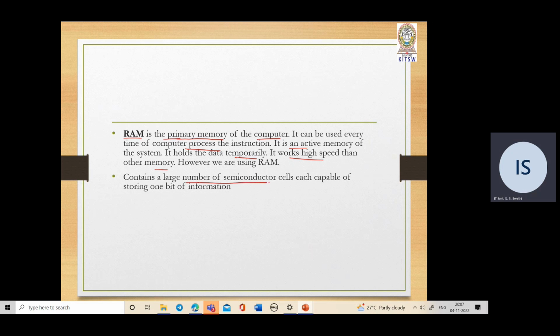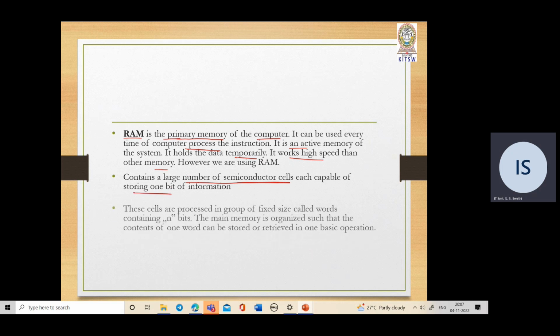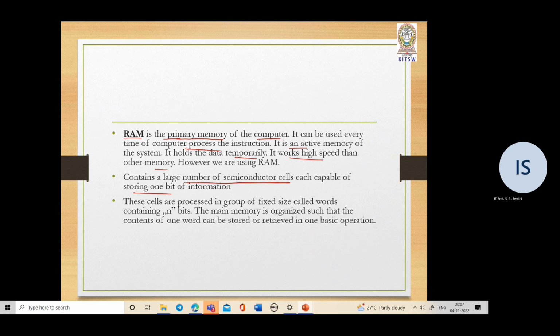And RAM consists of a large number of semiconductor cells, and each cell will store 1 bit of information. When you group all these bits, we call this group of bits a word.